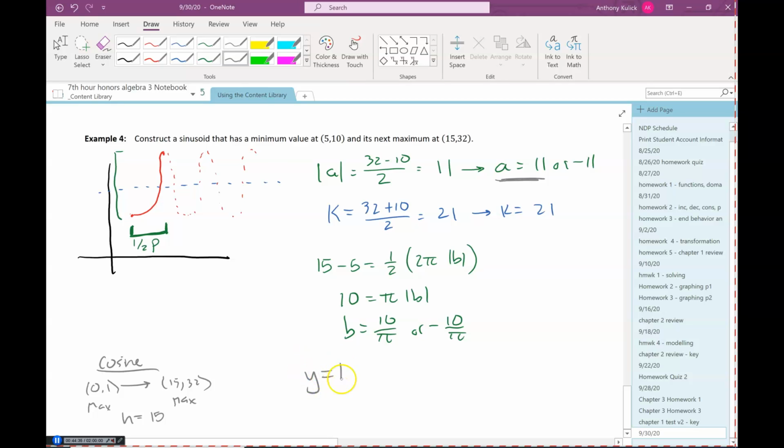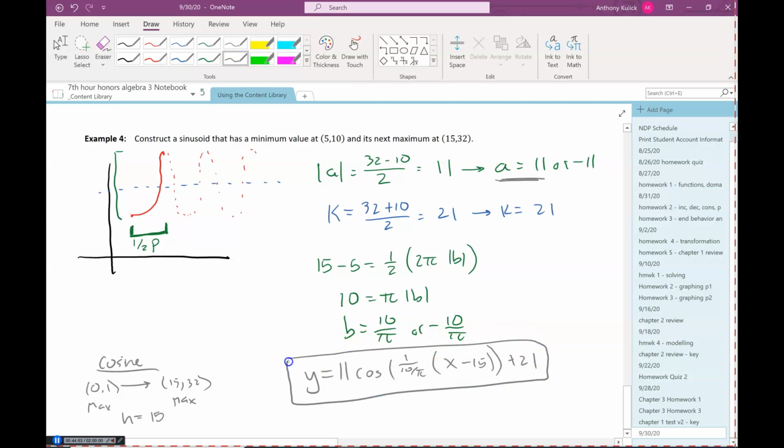So I can say I have y equals 11 times cosine of 10 over pi times x minus 15, plus 21. Is everybody okay there? Elizabeth? Sure.